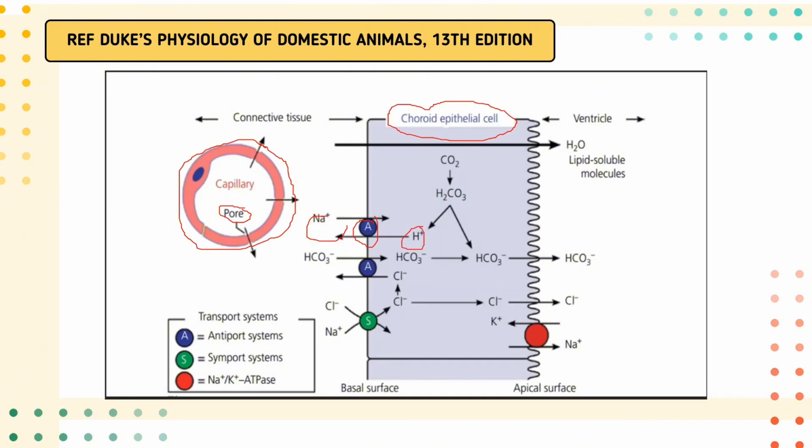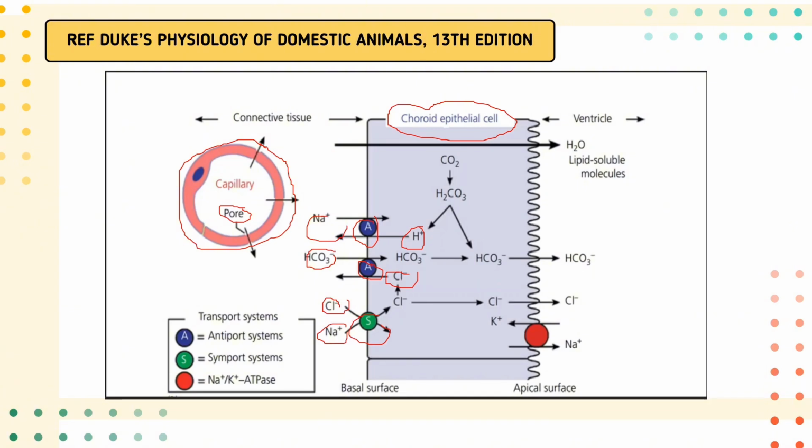In a similar way, bicarbonate is taken inside the cell, and chloride is taken out by the exchanger or by the secondary active transporter. Another transport system here is the symport system. This is the integral protein. It allows two molecules to move in the same direction across the membrane. Here, the molecules are the chloride and the sodium ion.